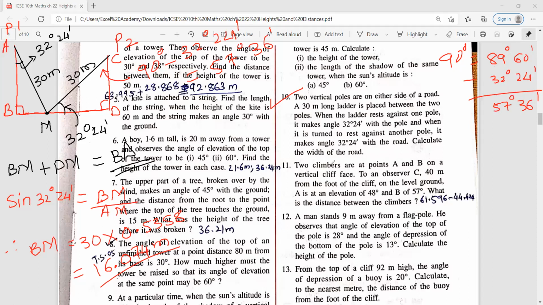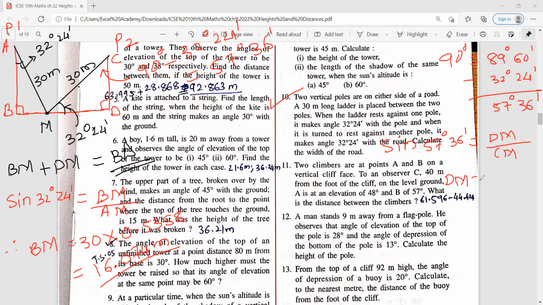Now in second triangle again you can use sine. मी मुद्दाम म्हणून सांगतोय. So sine of 57 degrees 36 minutes is equal to perpendicular upon hypotenuse, that is DM upon CM. आपल्याला DM पाहिजे.